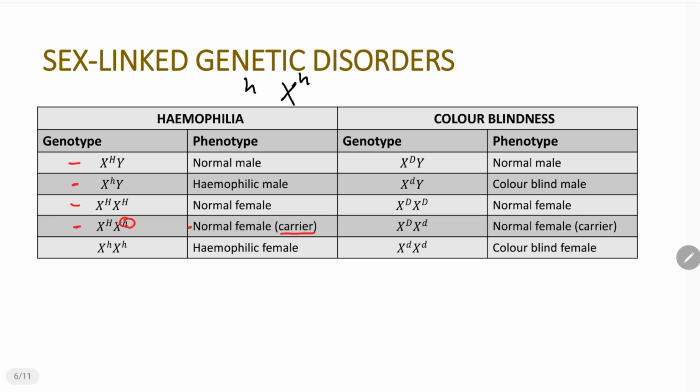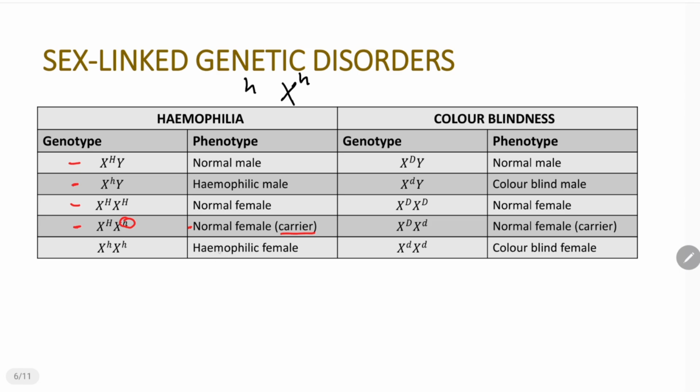So it is possible for her to pass on this allele for hemophilia to one of her offspring, and the offspring can actually suffer from hemophilia as a consequence, right? But the female herself does not suffer from hemophilia because she is heterozygous, and the allele for normal here completely dominates the allele that causes hemophilia.